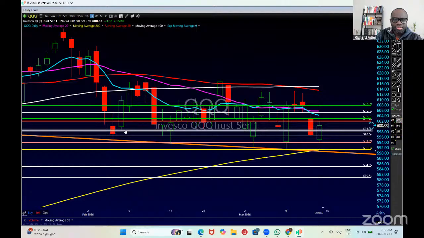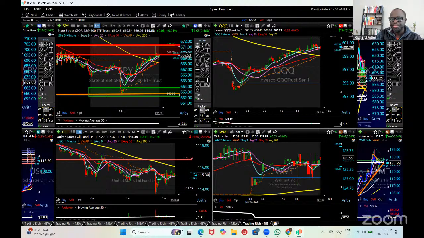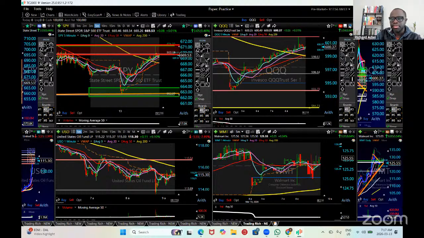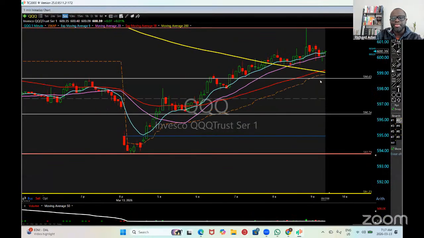So this level is an important level. This level is an important level, so we can pull into there. Okay, so let's go to the intraday, the smaller time frame, 5 minutes.